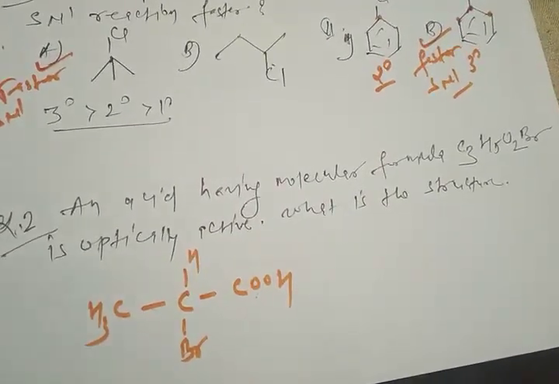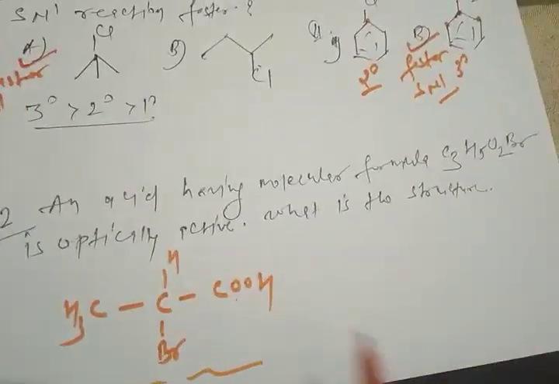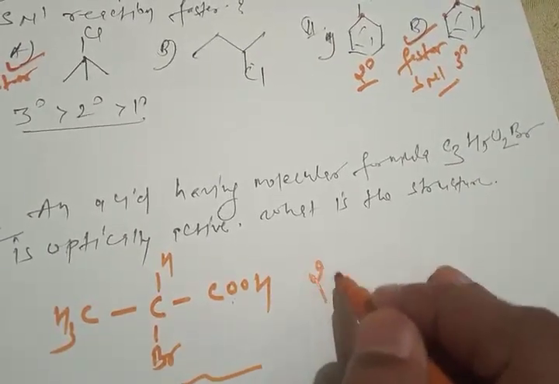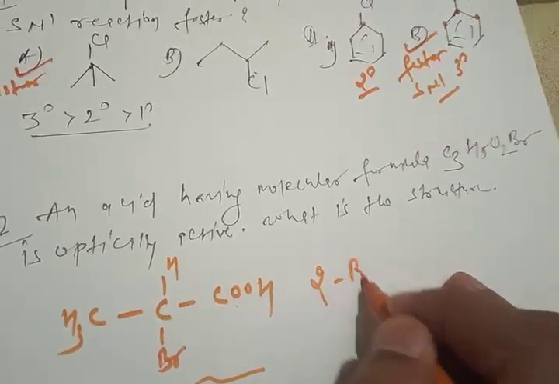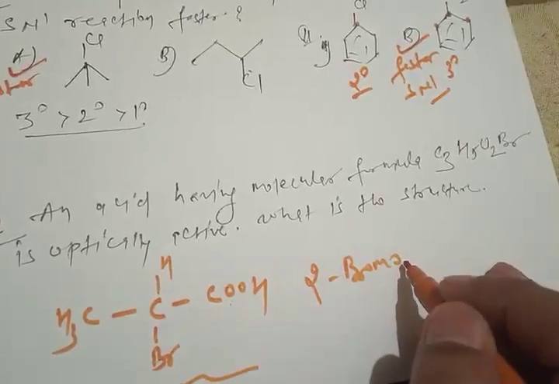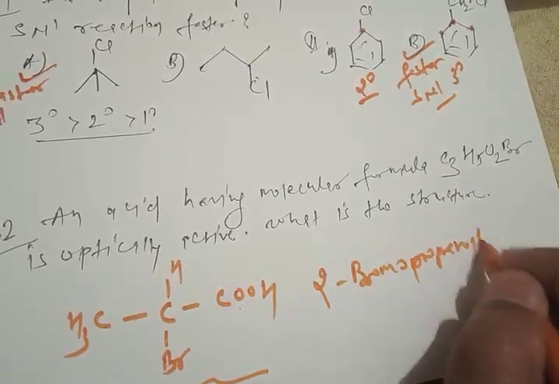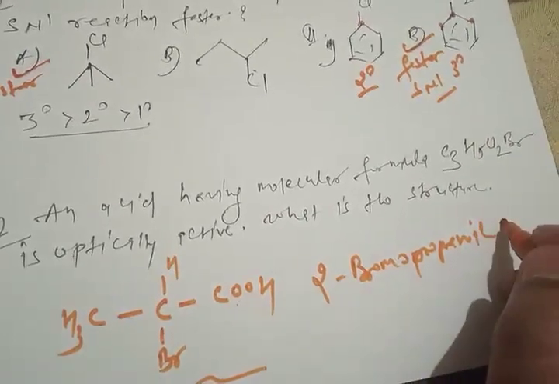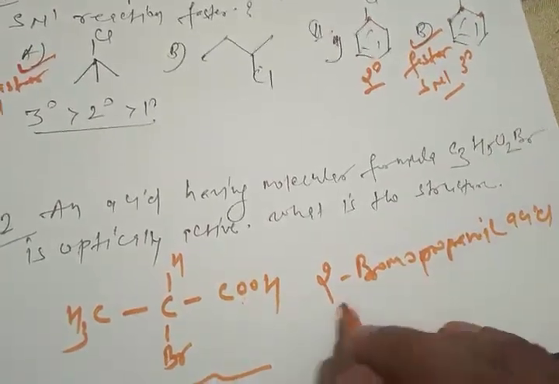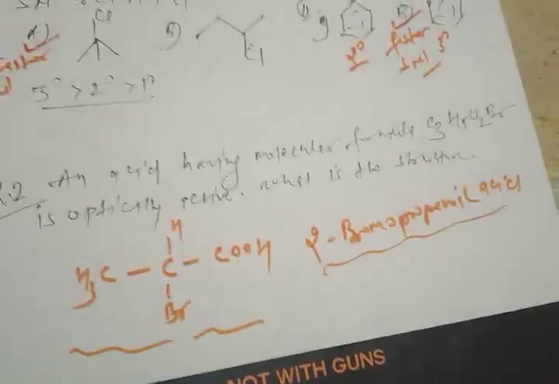So this is the formula, and the name is 2-bromopropanoic acid. This is again a simple one.